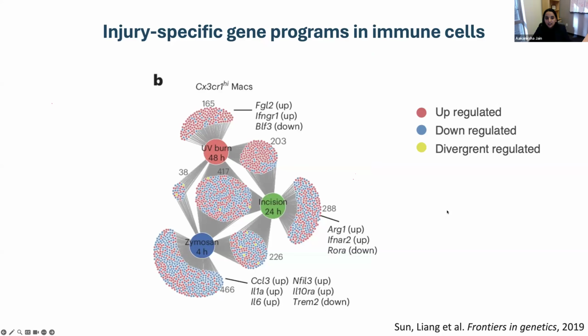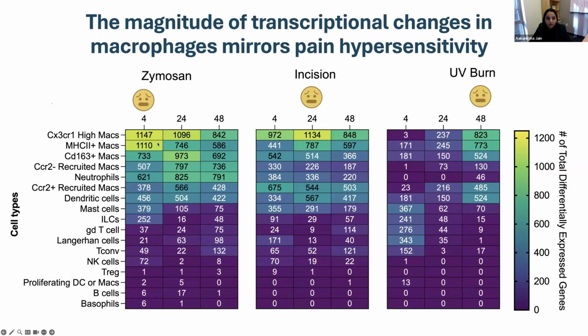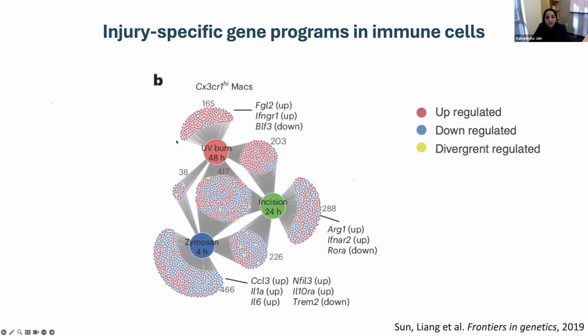So we also looked at individual genes that are being changed. If you just focus on CX3CR1 high macrophages, which have the most transcriptional changes, this is a dive-in plot that was actually reported by Liang in this paper, so we took advantage of that. It's a great way to visualize differential gene expression if you have multiple different conditions.